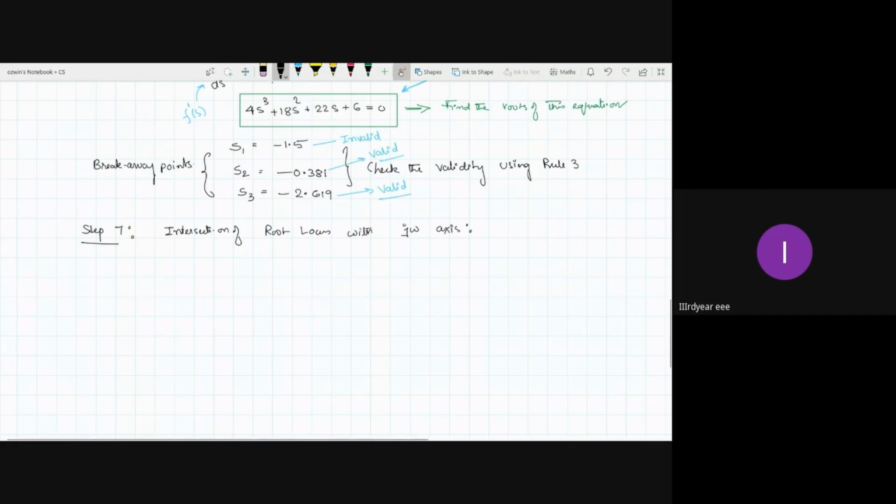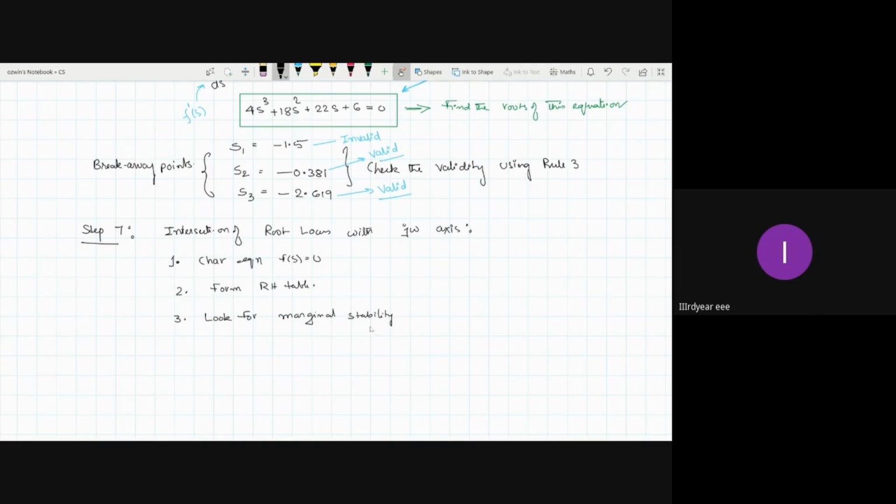For this, again, it's a procedural way. First, you should have the characteristic equation, capital F of S. Once you have the characteristic equation, form the RH table, and then look for marginal stability. Why marginal stability?